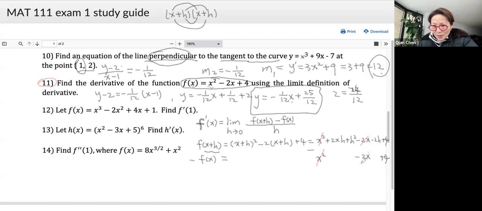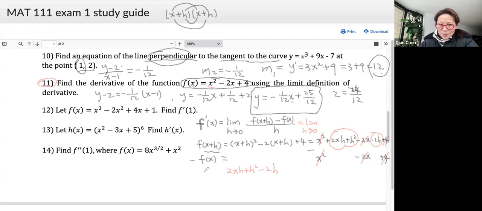Negative 2x minus negative 2x becomes 0. 4 minus 4 becomes 0. So those are gone. So that means, for the limit as h approaches 0 of f of x plus h minus f of x, what's left is these two terms plus this term. So the difference is 2xh plus h squared minus 2h.